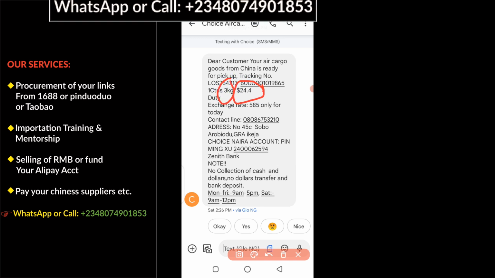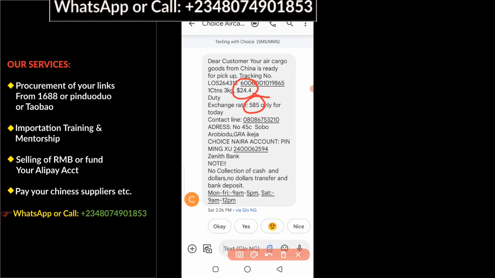Okay, another thing to consider here is the exchange rate. You see, the exchange rate here states that I'm to pay 585 naira to clear this 3 kg of goods. Now this 585 naira will be multiplied by 24.4 USD.